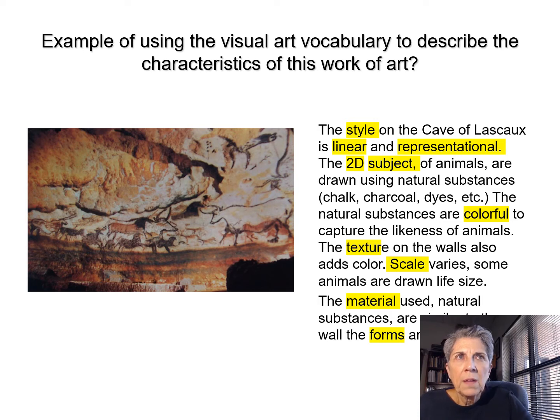The style on the Cave of Lascaux is linear and representational. The two-dimensional subject of animals are drawn using, and I go on and on. So you need to go back and look at that as an example on the PowerPoint, without me speaking, of how you would want to do that. So I hope that's clear.